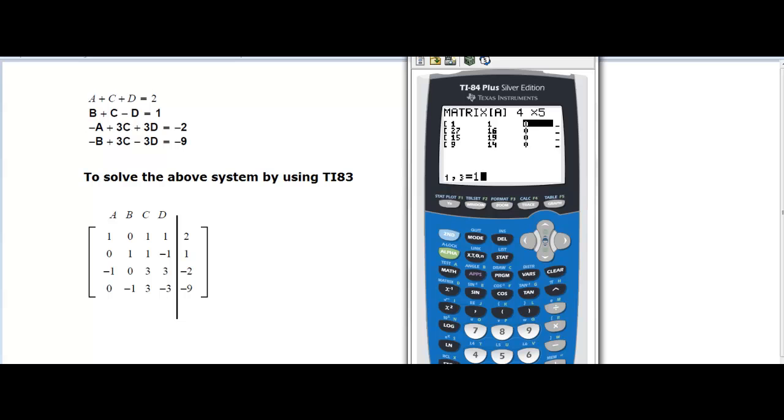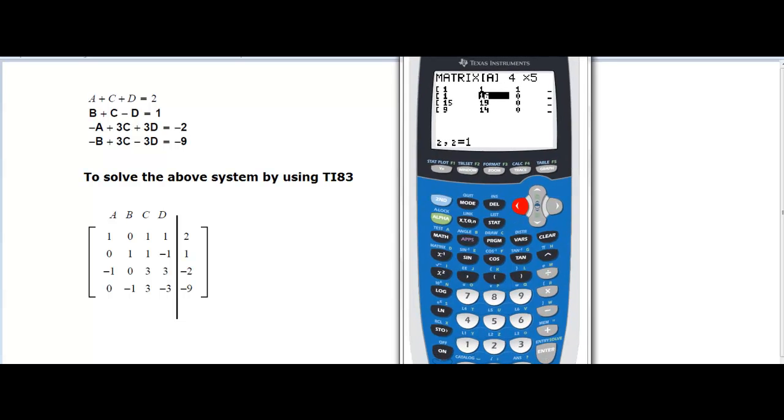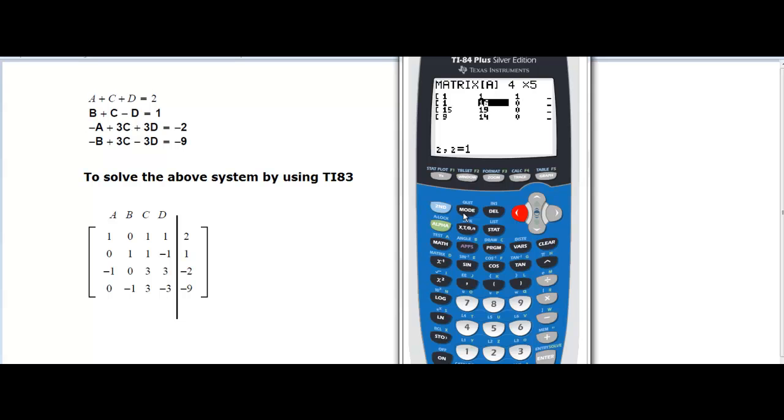1, 1, 2, 0, 1, 1. Okay, this is negative 1. No, sorry. Do we get negative 1 here? No, this is negative. Here it is. Should give me a negative, right? Negative 1, right?